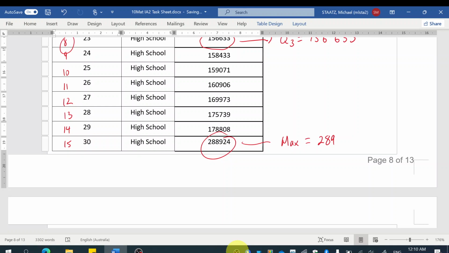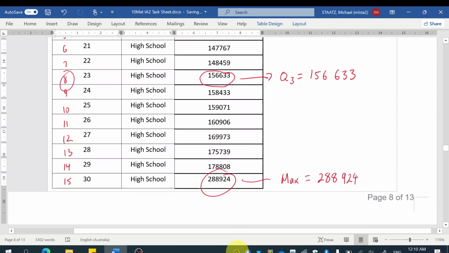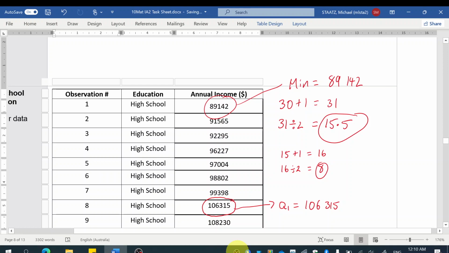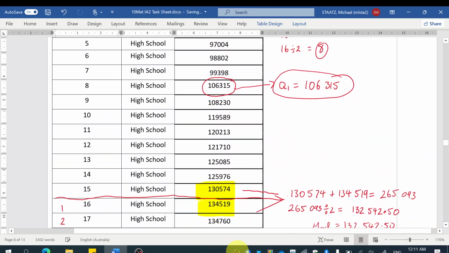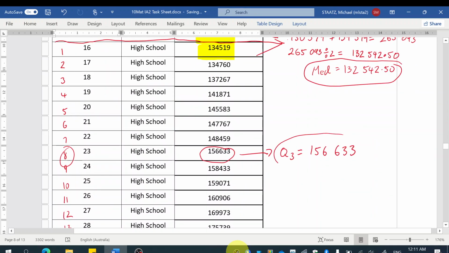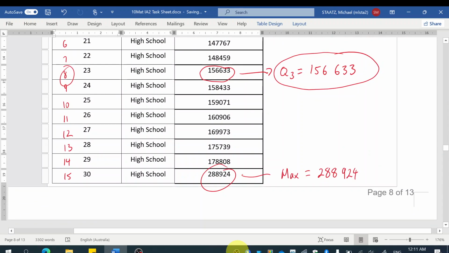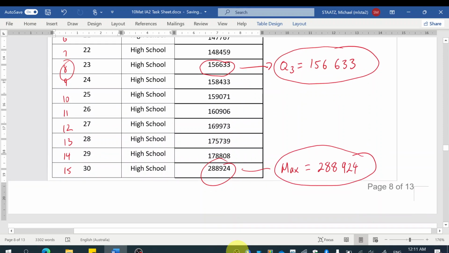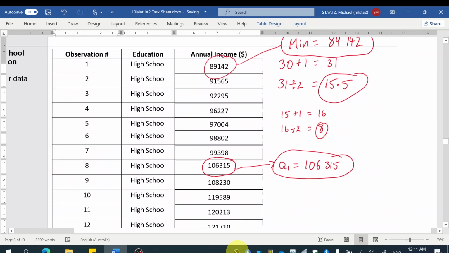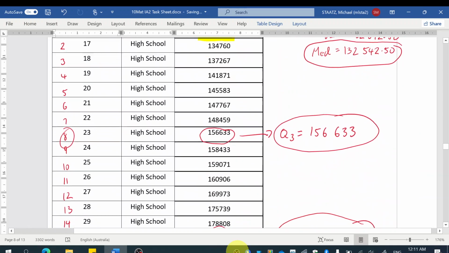So that's not correct. 288,924. So my 5-number summary is made up of the min, Q1, the median, Q3, and the max.